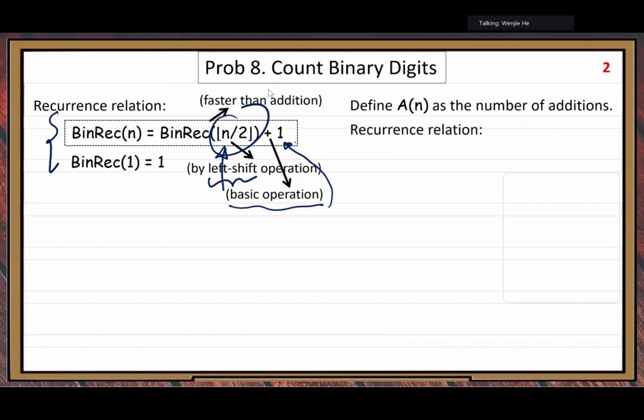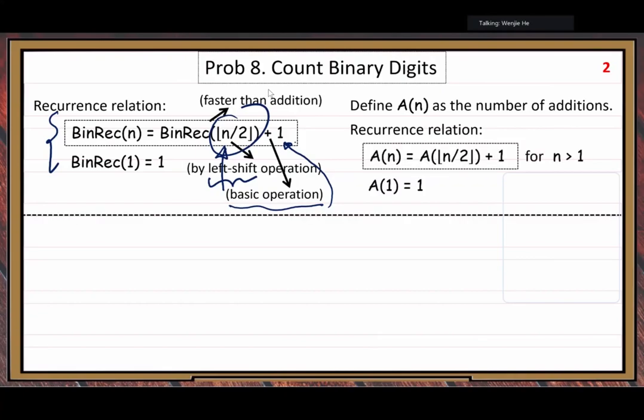Then from the original recurrence, we can easily see the recurrence relation for this A function. We have a similar recurrence relation here. So we can work on the simpler one, although they are equivalent.